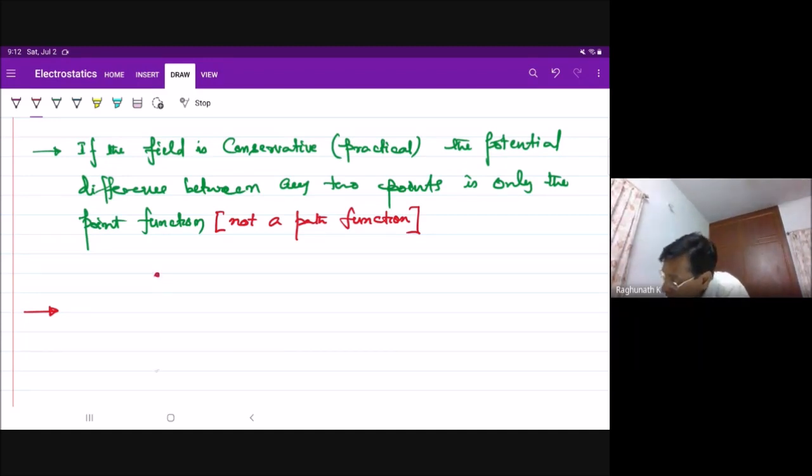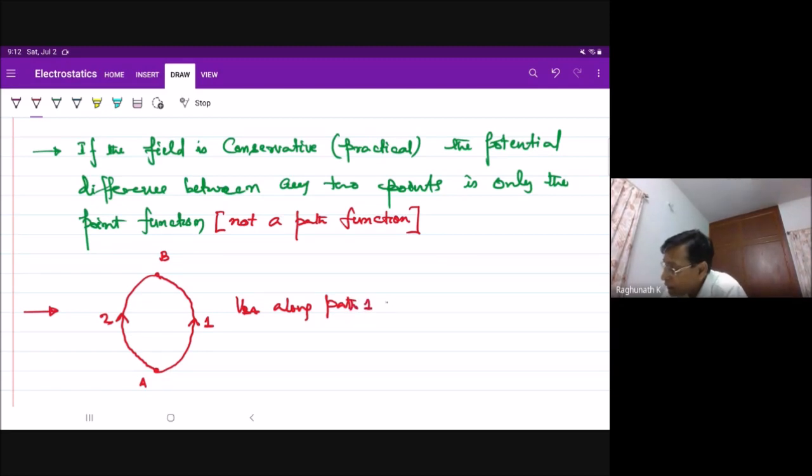Let us suppose A and B are 2 points. This is path 1. This is path 2. VBA along path 1 is equal to VBA along path 2.